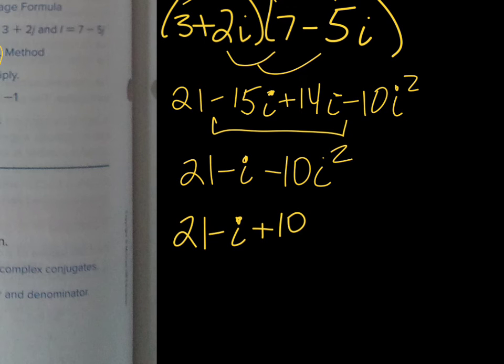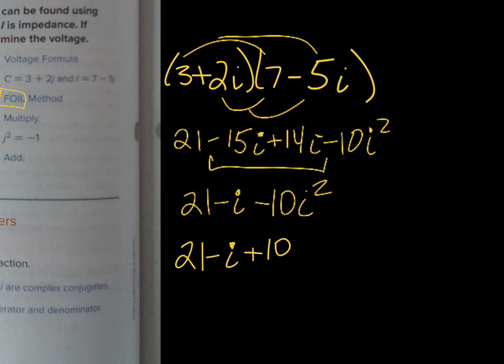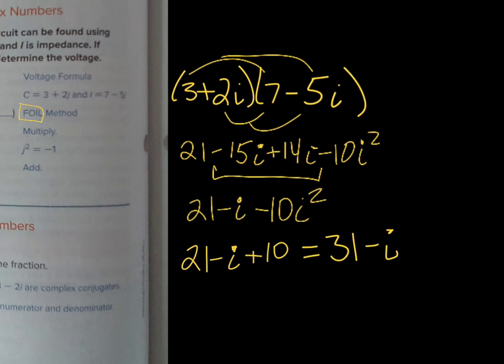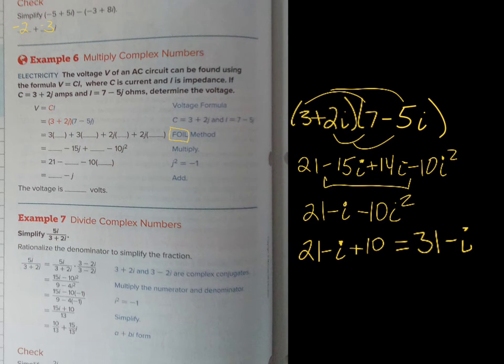Can I write it like that? So then it'd be 31. So then the final answer is 31 minus i. Is that okay? And so that's the volts, 31 minus i.